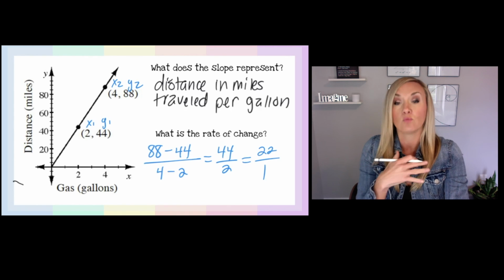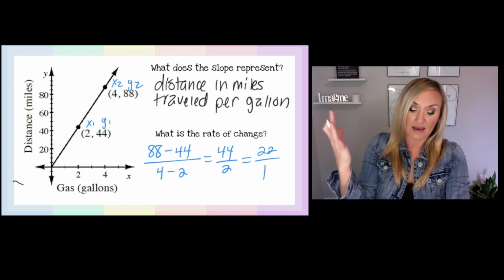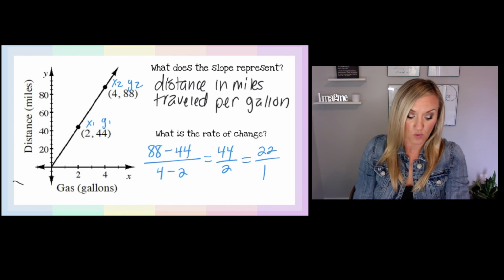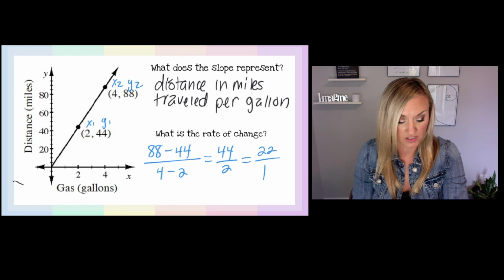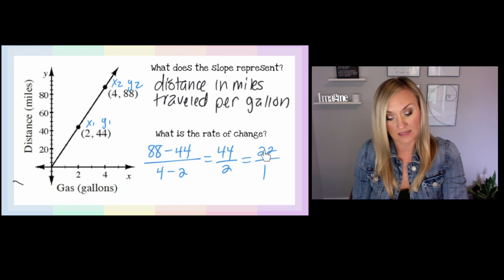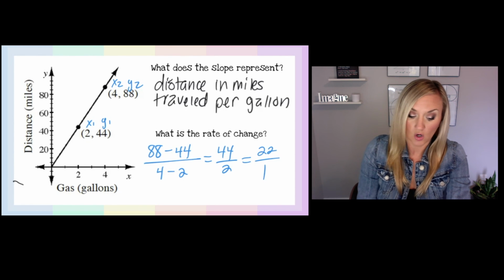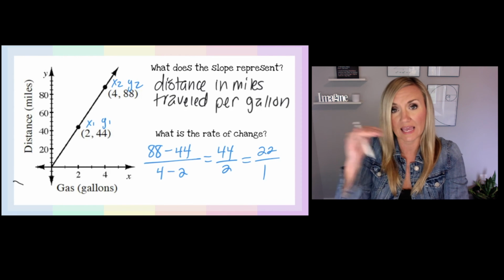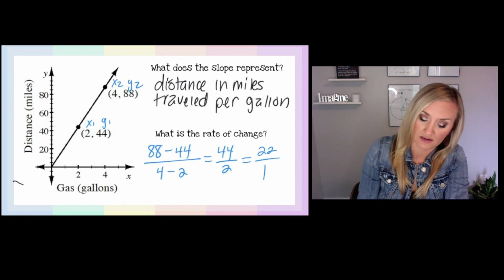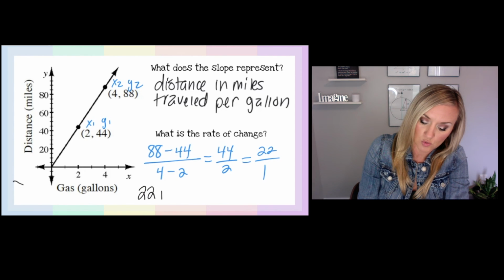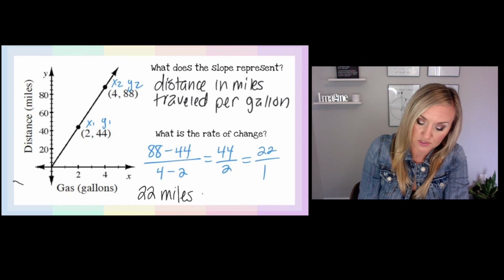It simplifies. And what does that even mean? That means that because y is on the top of our fraction, in our numerator, the rate of change is 22 miles per gallon. So this car is traveling, every gallon of gas is 22 miles. So we're going to write that down, 22 miles per gallon of gas.